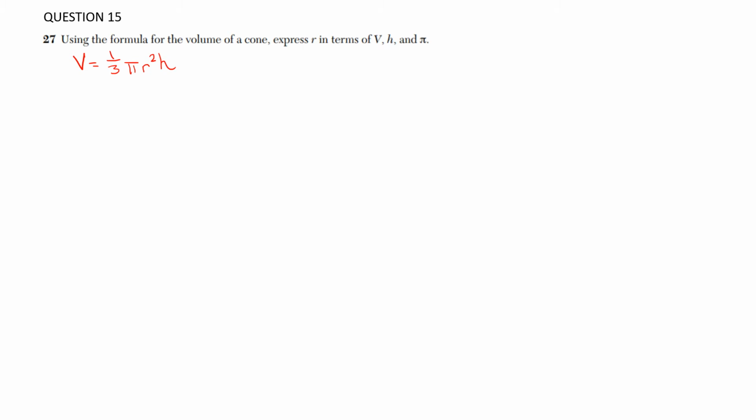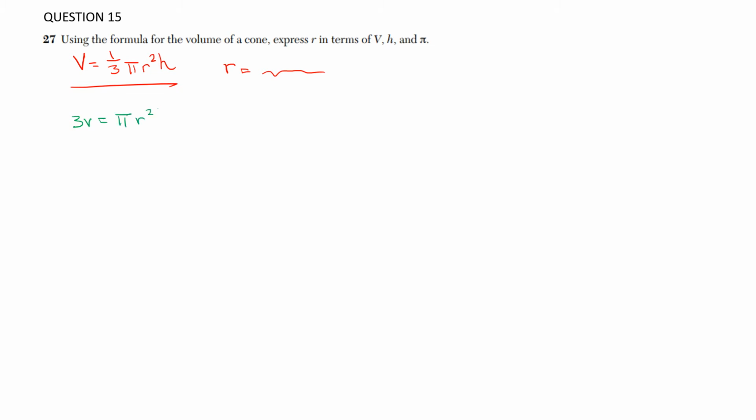So all this question is asking us to do is rearrange these terms so that it becomes r equals something, right? So let's reorganize it. We want to isolate this r over here. Let's multiply 3 on both sides. So it's going to become 3V equals pi r squared h, which cancels out the 1/3.